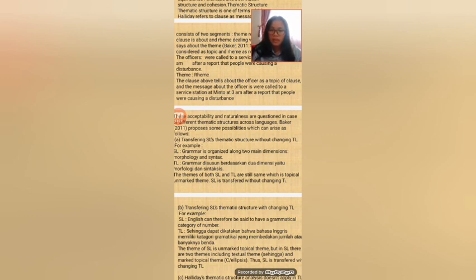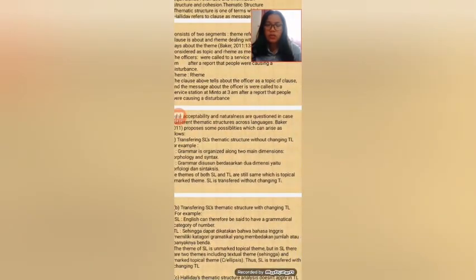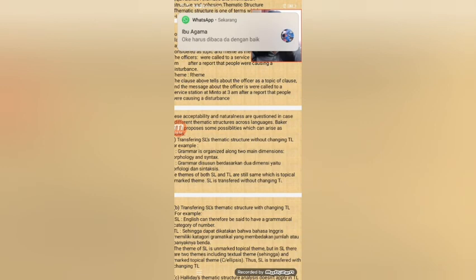The theme of the SL is an unmarked topic theme, but in the TL there are 2 themes including textual themes. Number 3, the thematic structure analysis doesn't apply. Di sini dikatakan bahwa struktur tematik itu tidak bisa diaplikasikan.